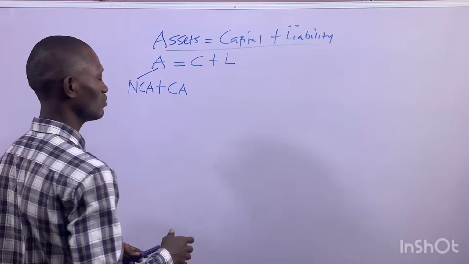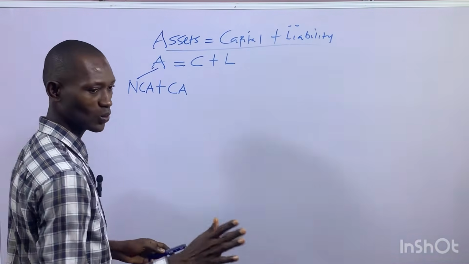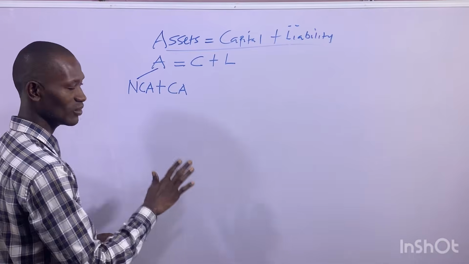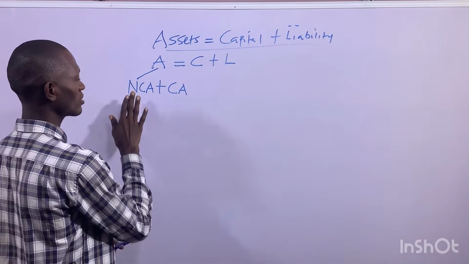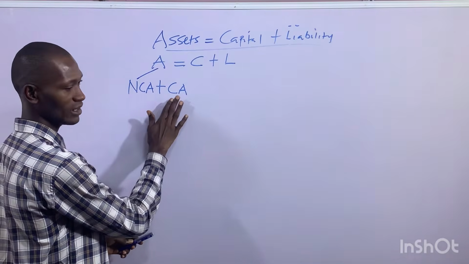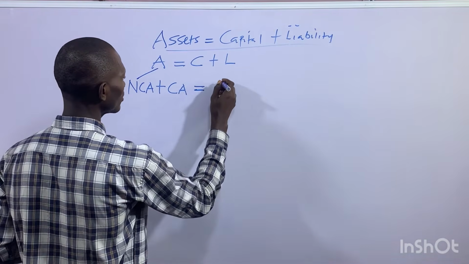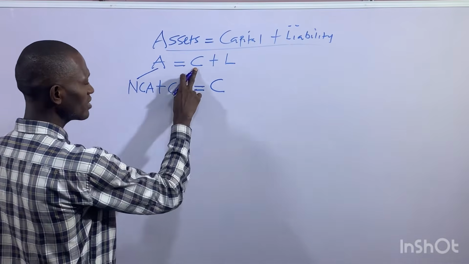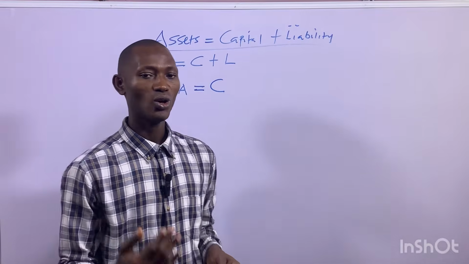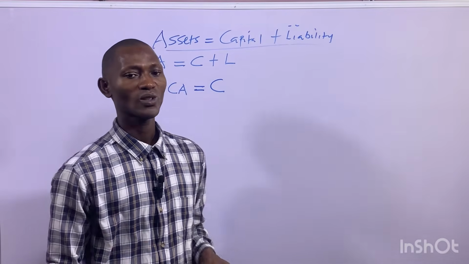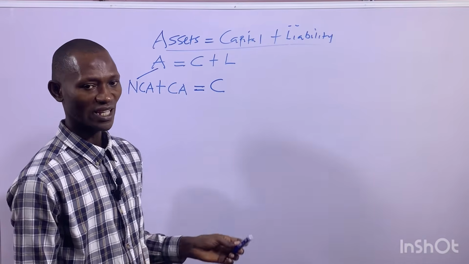But for the purpose of the balance sheet we want to draw today regarding the accounting equation, we are limiting it to two, which is non-current assets and current assets. So equals capital. This capital represents the owner's interest in the business, or the owner's contribution, and it means what the owner contributes into the business. That's capital.